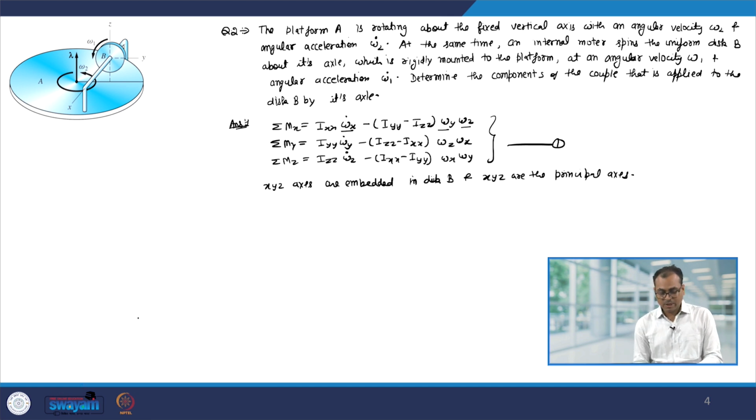From the figure you can see that the disk A is rotating horizontally with an angular velocity omega 2, and the disk B is rotating with an angular velocity omega 1. So, from the geometry I can write the angular velocity omega, which is a vector quantity, as omega 1 i cap plus omega 2 lambda cap, where this lambda cap is the unit vector perpendicular to the platform.